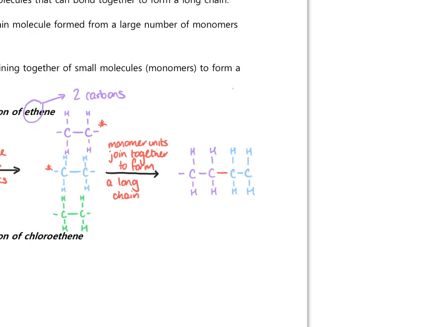So our second purple carbon has formed a bond with the first blue carbon as such. But you can see in our blue monomer unit that it's got a half bond on the end of it. It's ready to form a bond with another half bond. And what it does, the half bond, which was essentially here in the monomer unit, forms a bond with this half bond here of our green monomer unit. So let's draw that in. So it will then form a bond with the green monomer unit.